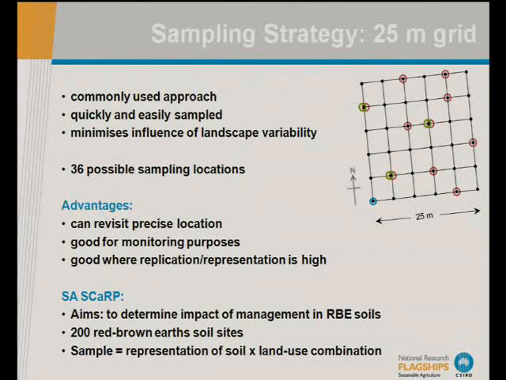We have over 200 sites on red brown earth soil types, so our representation is high. We have a stratified design, so we're specifically sticking to red brown earth soil types. The small size of the sampling grid ensures that we don't cross too many soil boundaries, and we've got this soil times land use combination, which is replicated.